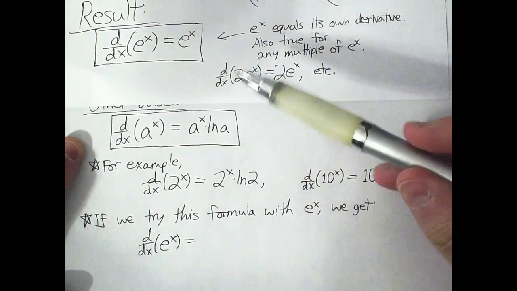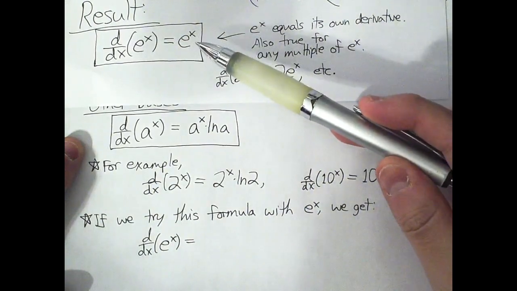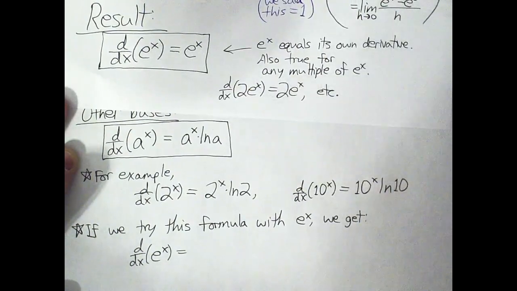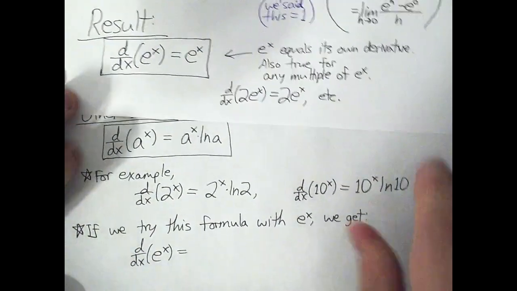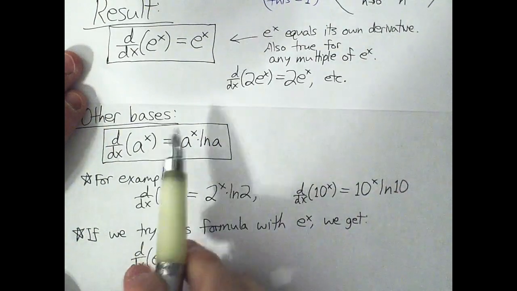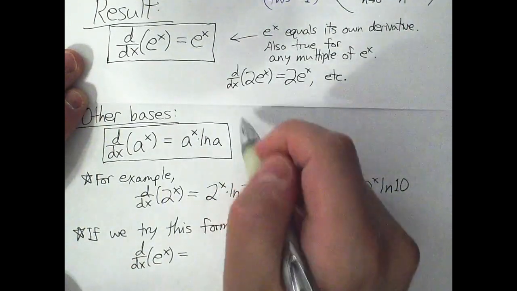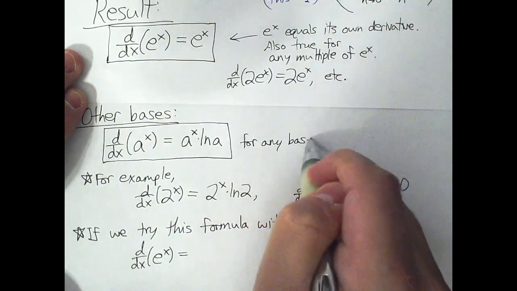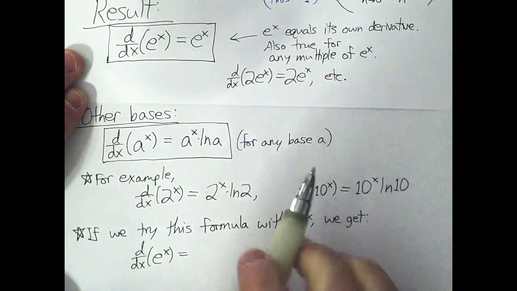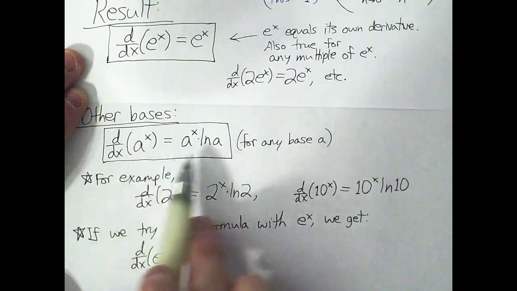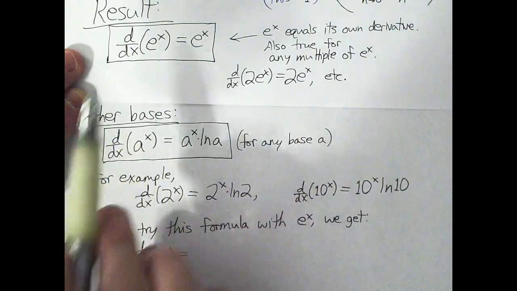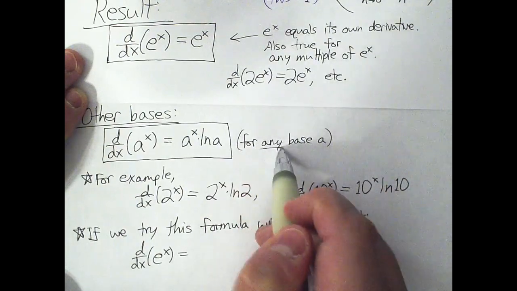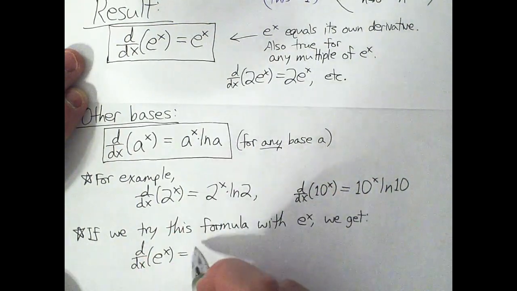I already know that the answer is supposed to be e to the x, but I want to look at this second formula. This is supposedly going to work for other bases. Does it actually work for any base a? If it's going to work for any base a, then it should also work for e. So let's try using the second formula.